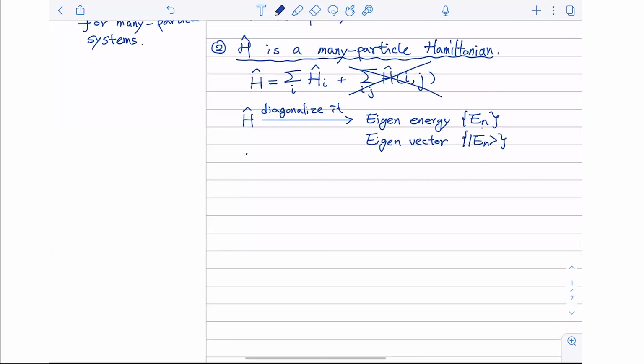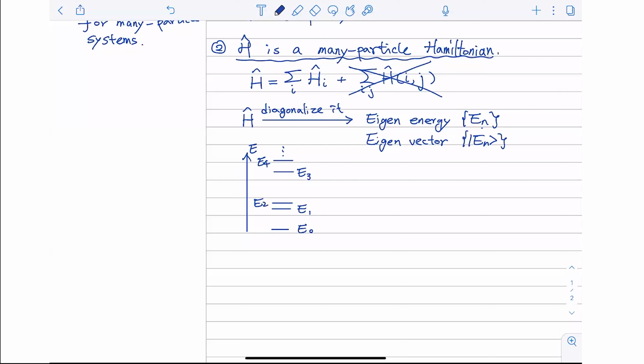So if I try to draw the energy using this vertical axis, we will find that there's a ground state E_0, and there might be a first excited state, a second excited state, maybe at some point a third excited state and a fourth excited state.